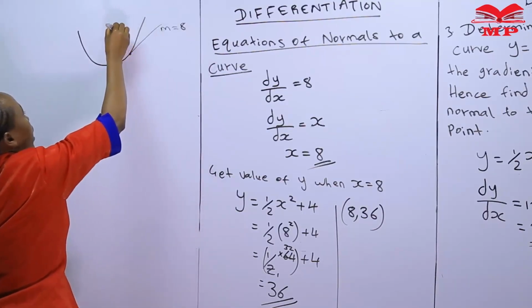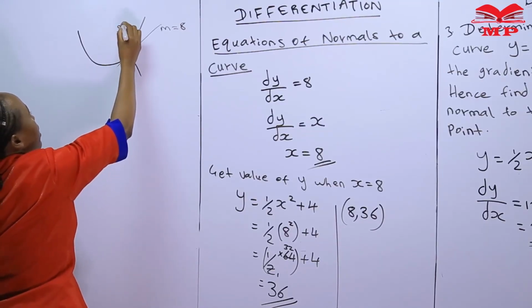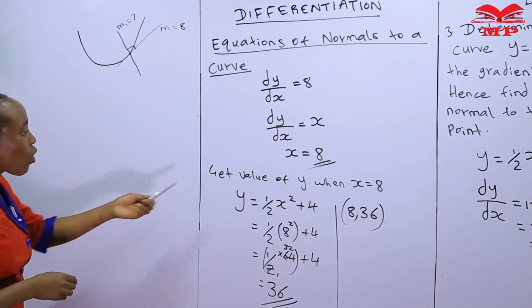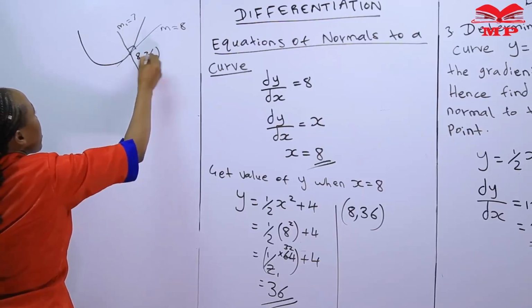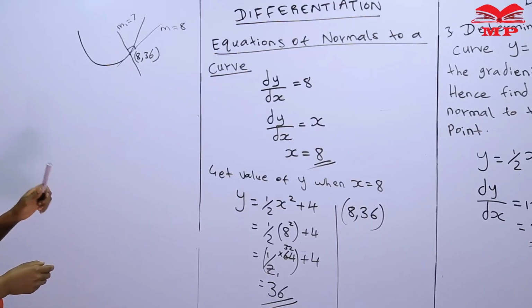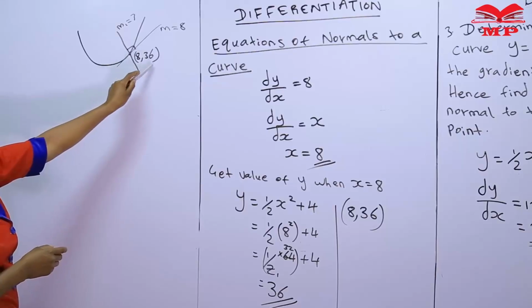And we want now to get the gradient of the normal. We have the gradient of the tangent. We want first to get the gradient of the normal. And we have already gotten the point. The point here is (8, 36). So we get first the gradient of the normal so that we can find the equation of the normal to the curve at the point (8, 36).